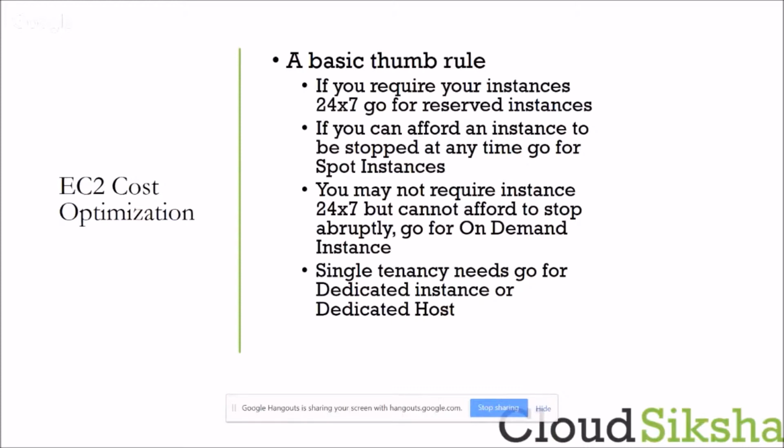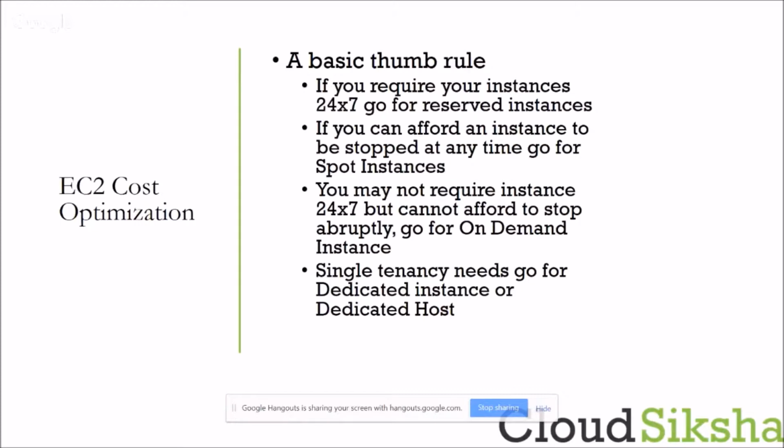Suppose the question indicates somewhere that you need 3 web servers running all the while, then it means that you are using them 24/7. Then it's better to go for a reserved instance for that particular case.